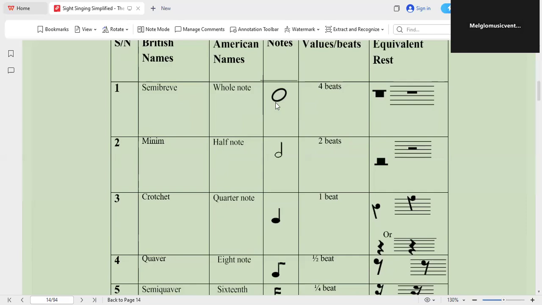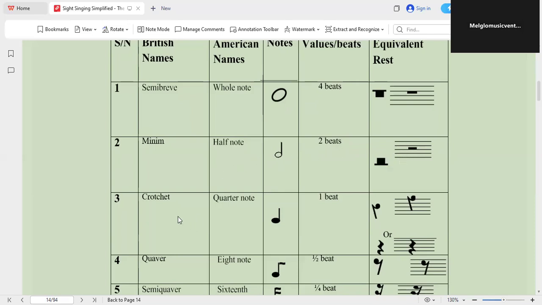You can see I held the sound for 4 counts. If it is for 2 counts, 1, 2. Da. That is 2 beats. And this is the equivalent rest.